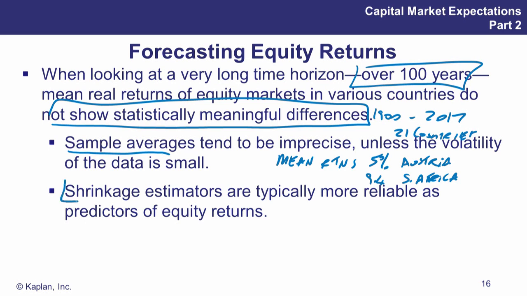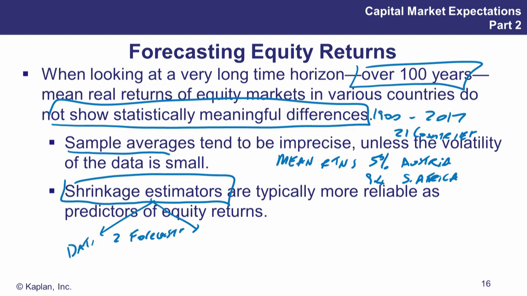Now, look at the number of times so far in our tour through economics that they've mentioned this idea of shrinkage. And just a quick reminder of this, shrinkage is using two forecasts. Often one of the forecasts might be history, data from the past, and one might be some kind of model that you're using as well, or your judgment as well.